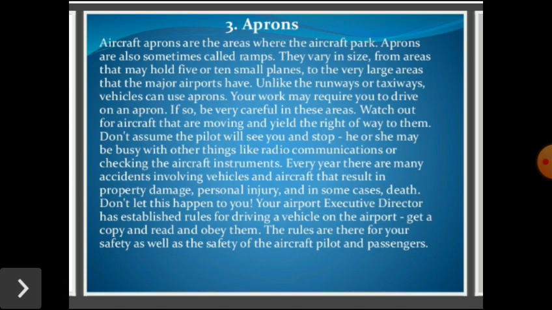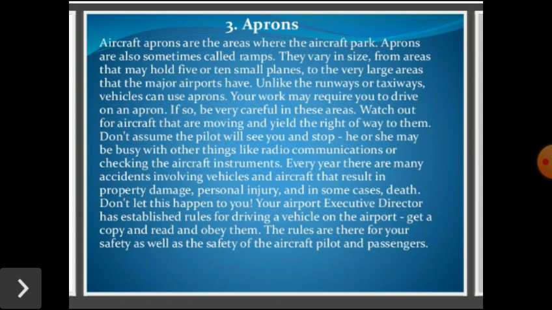Next, the apron. Aprons are the areas where the aircraft park. Aprons are also sometimes called ramps. They vary in size from areas that may hold 5 or 10 small planes to the very large areas that the major airports have. Unlike the runways or taxiways, vehicles can use the apron.